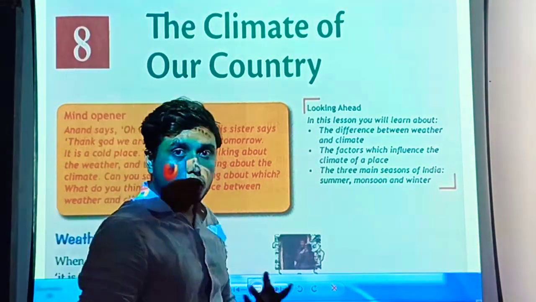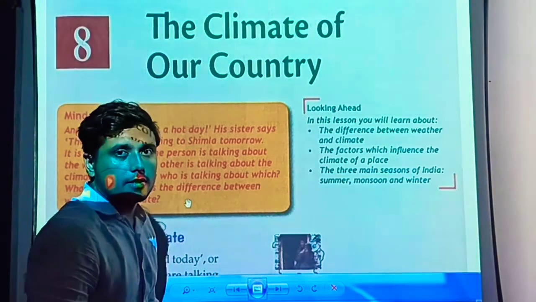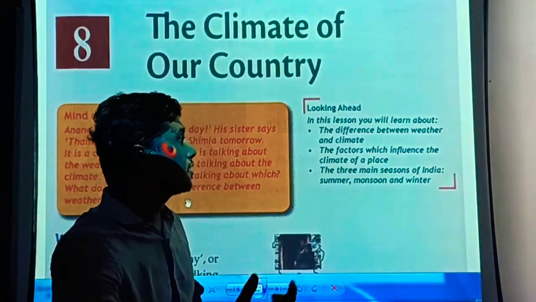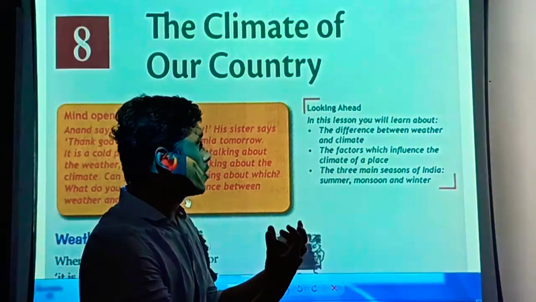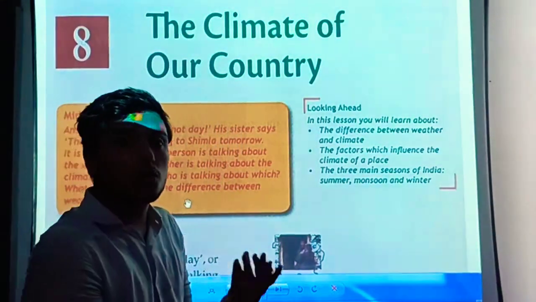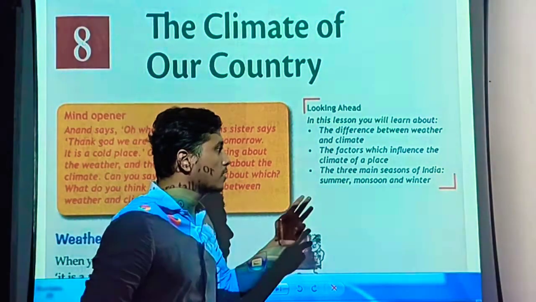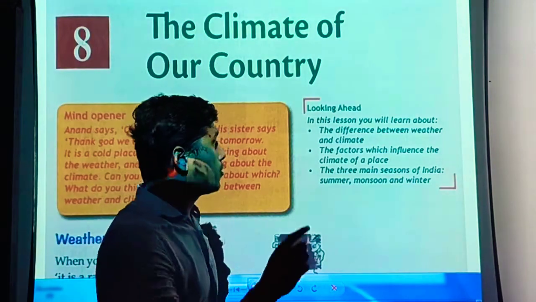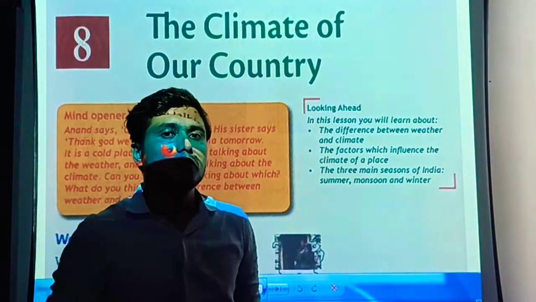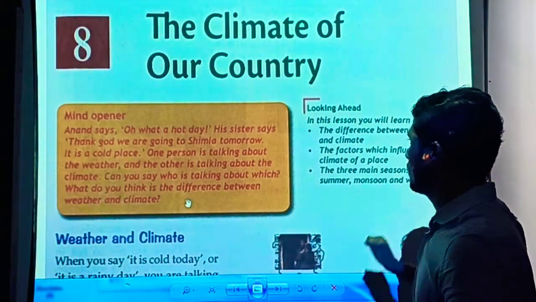Then the factors which influence the climate of a place, meaning the agents or reasons which change the climate of a place. And the third is the three main seasons of India: summer, monsoon, and winter.